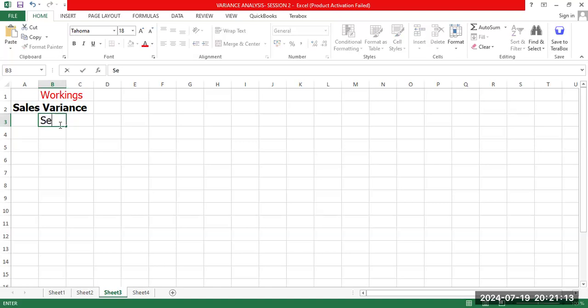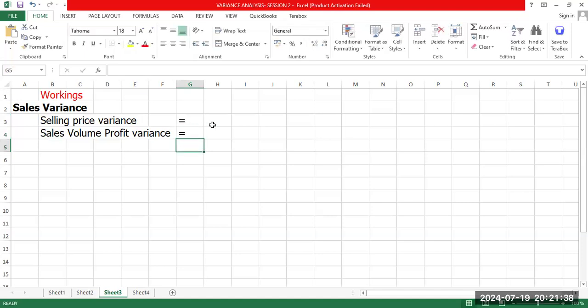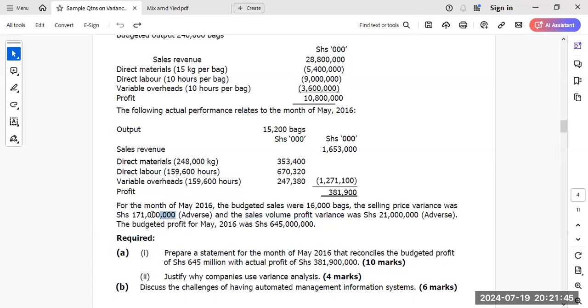Here we have the selling price variance. Then we also have the sales volume profit variance. And this one is how much? The first one is this.